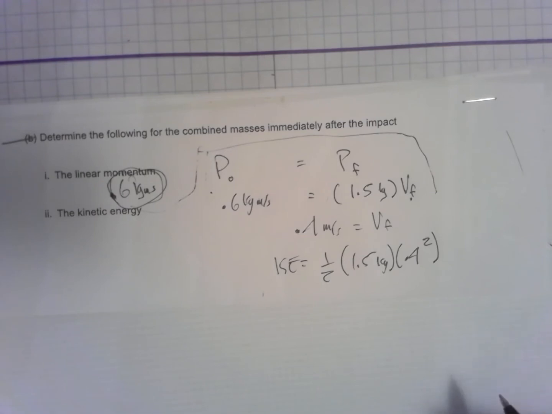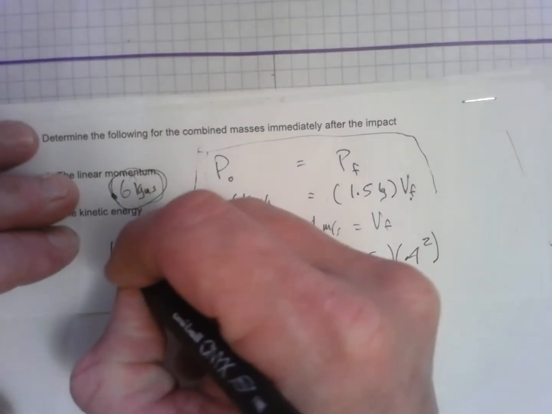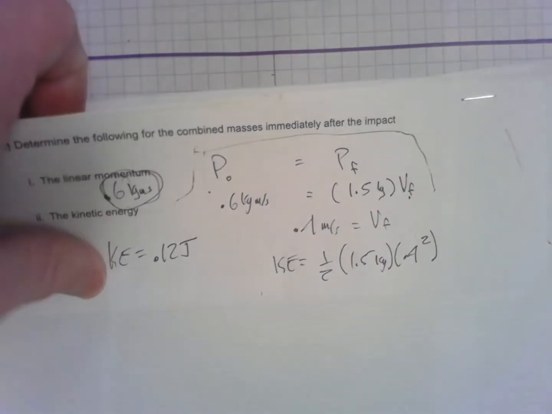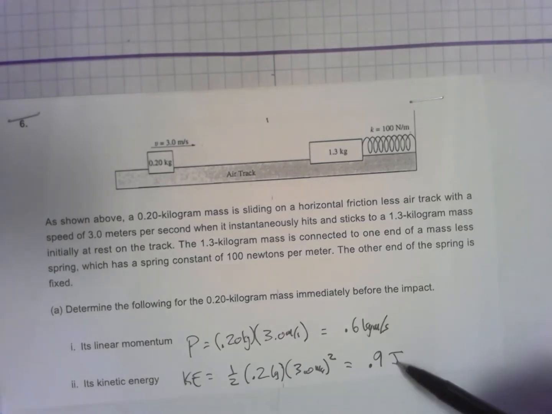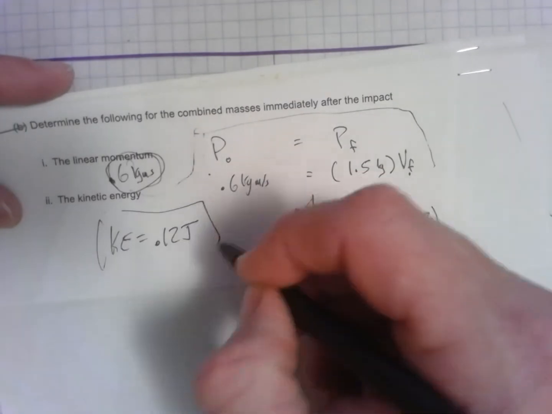So 0.5 times 1.5 times 0.4 squared equals 0.12. I have a kinetic energy of 0.12 joules. Definitely an inelastic collision. It had 0.9 before, and it's down to 0.12 joules.